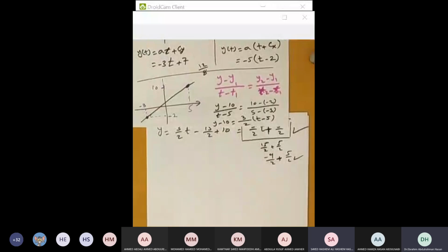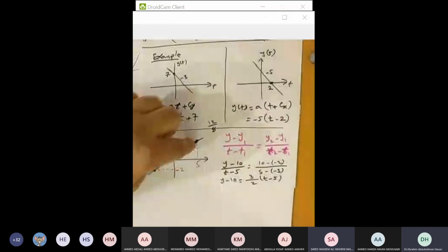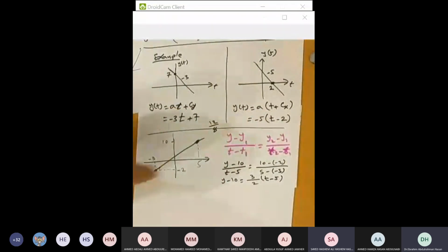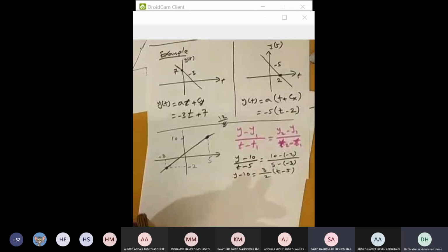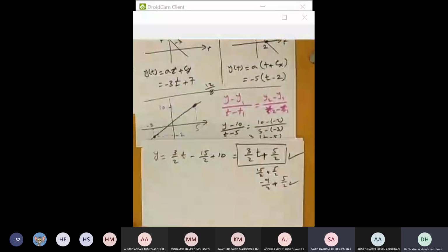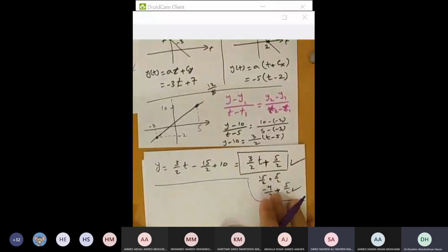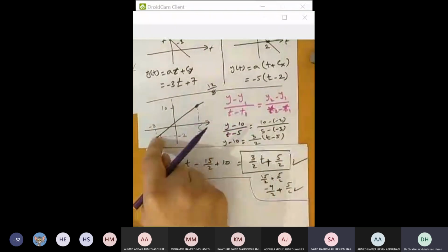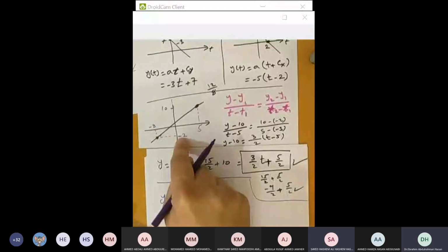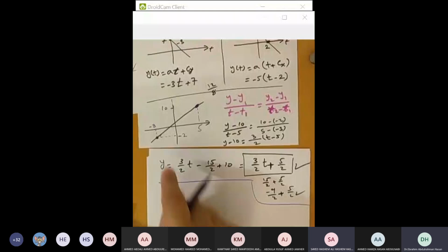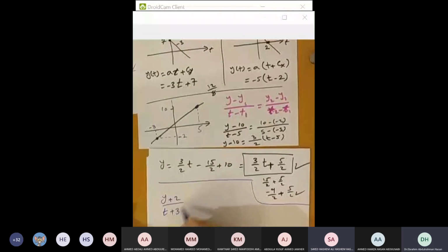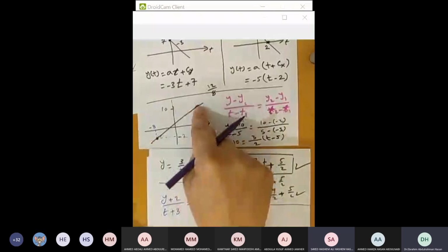Go ahead, whoever had a question. Are you saying that we chose this one when we wrote it here and then chose something else? No, I'm telling you there is no difference, whichever point you choose you will get the same result. You can try it at home. If you write it like this, instead of taking this point, you take this one. So it is y minus minus 2, which is a plus 2, divided by t minus minus 3, which is a plus 3, equal to, instead of starting here, start from here.